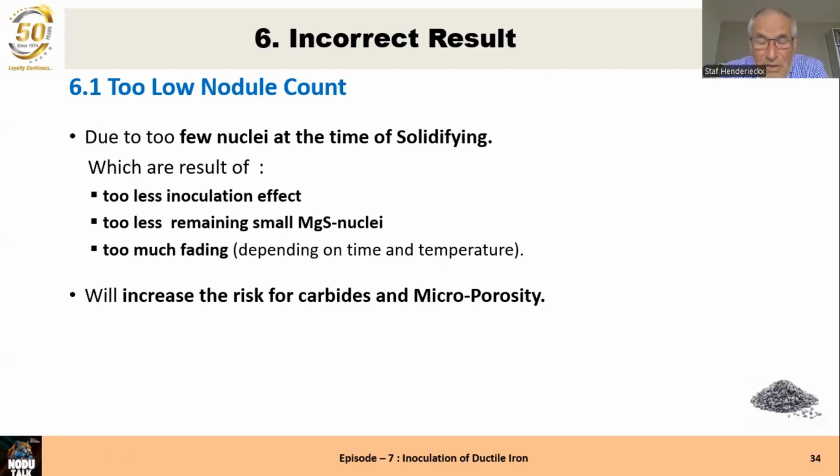This is because we know that the magnesium sulfur will fade very quickly. Luckily, we can have barium sulfides, we can have cerium sulfides, but it's a matter also that you have too few sulfides there, and that there is too much fading depending on the time and temperature between the inoculation and the solidifying itself. Too low nodule count, I say again, there is a risk for carbides and microporosity.